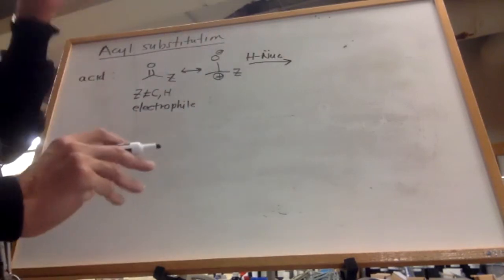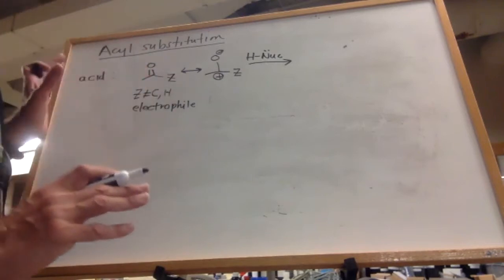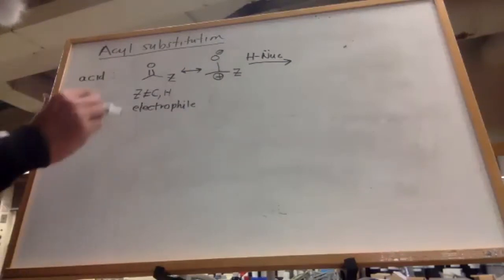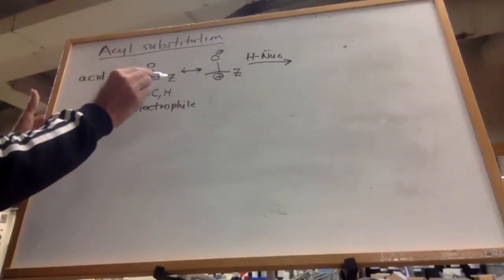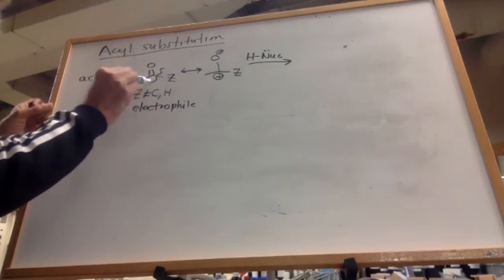Okay, and so what is going to happen overall? I'm not talking about mechanism right now. I'm talking about the overall reaction. What happens in acyl substitution is that this thing that is not carbon and not hydrogen breaks off.